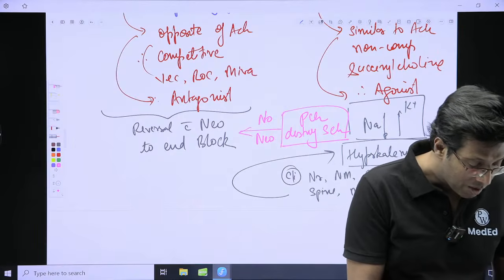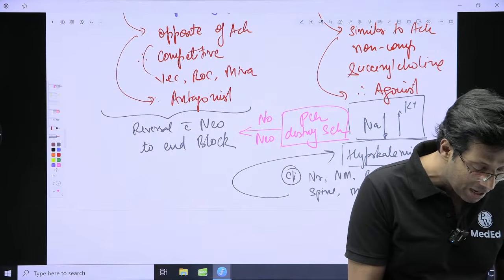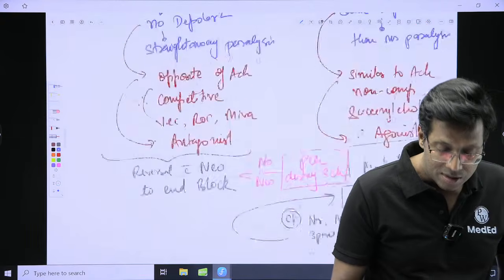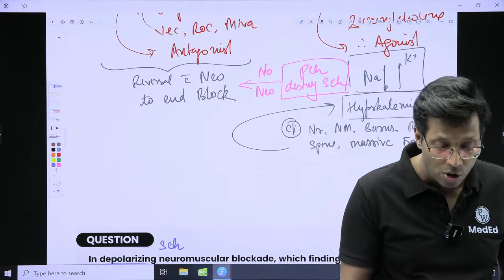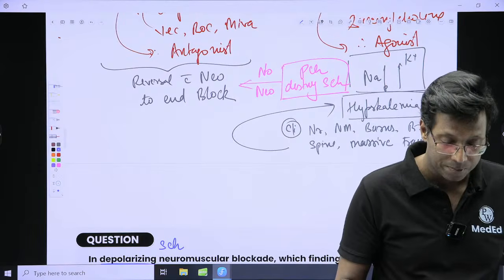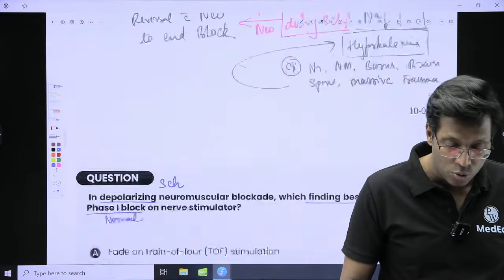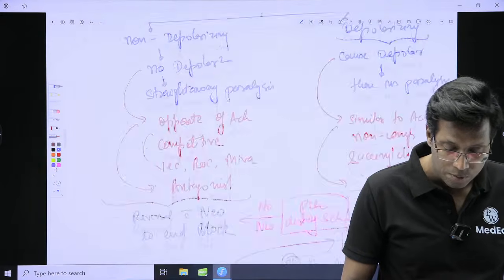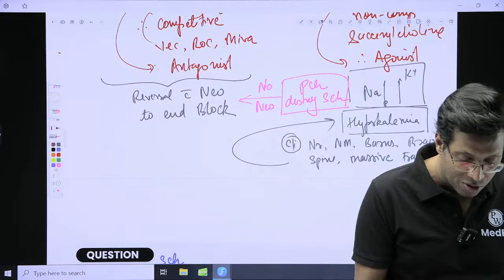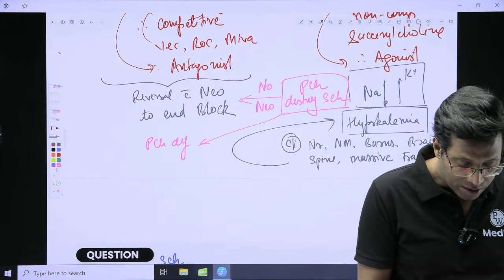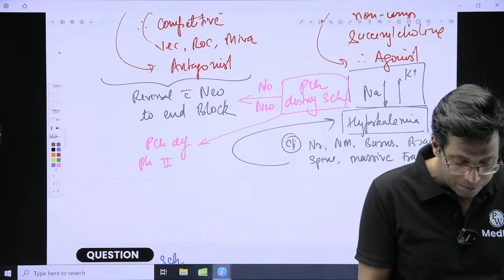But if someone has plasma cholinesterase deficiency, succinylcholine leads to a prolonged block, which is called phase 2 block. So the point is, succinylcholine has two blocks, phase 1 and phase 2. Normal block is phase 1 block.